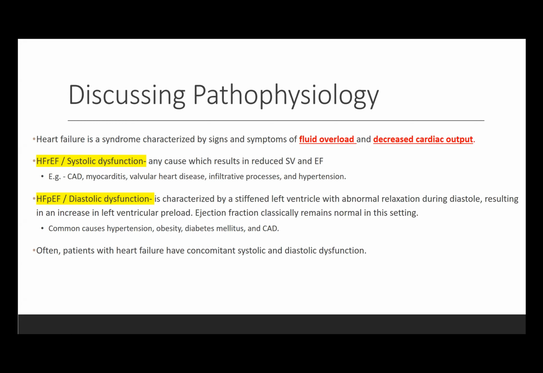Again, I'm sticking to absolute basics. Reduced ejection fraction causes are more like ischemic cardiac disease, anything which would cause structural damage to the heart, whereas preserved ejection fraction causes have to do with difficulty of the ventricles to relax, which are more long-standing, like hypertension, diabetes, obesity, thyroid diseases, etc. In some cases, you might have features of both systolic and diastolic, and a new terminology slowly coming into favor is heart failure with mildly reduced or mid ejection fraction, between 40 and 55%.